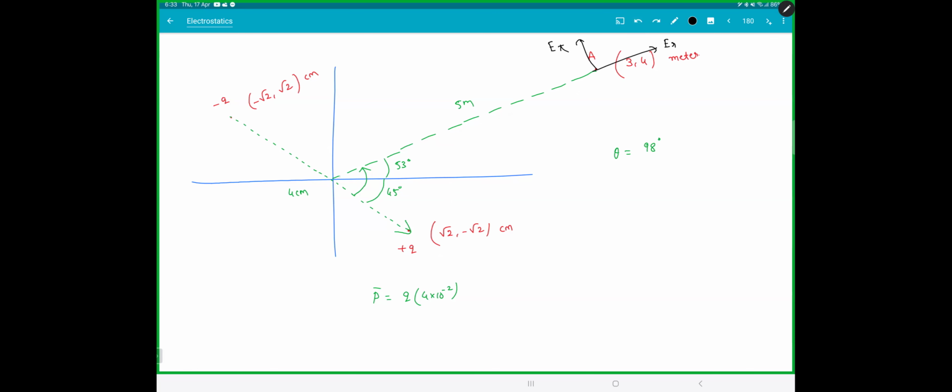R bar is a vector from the center to that point. So this is your R bar. Clear with this?